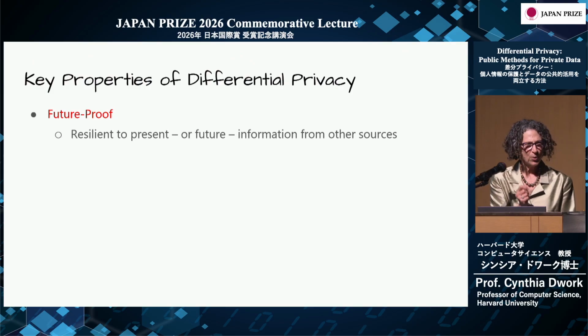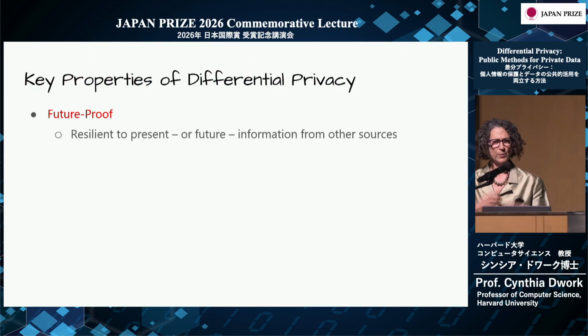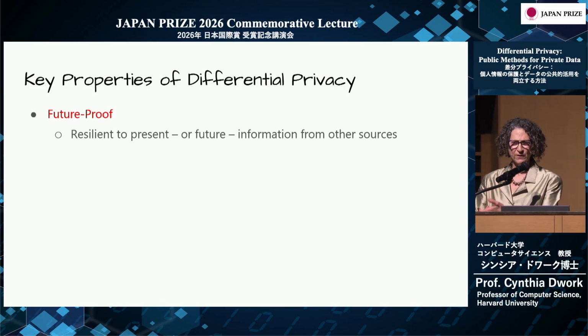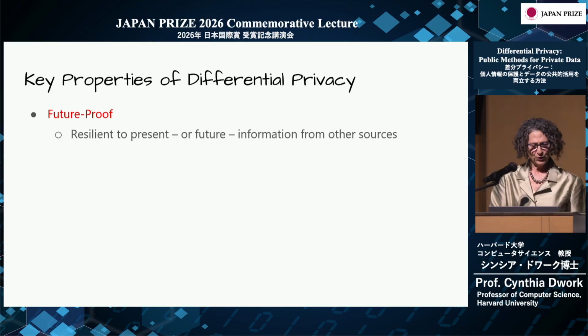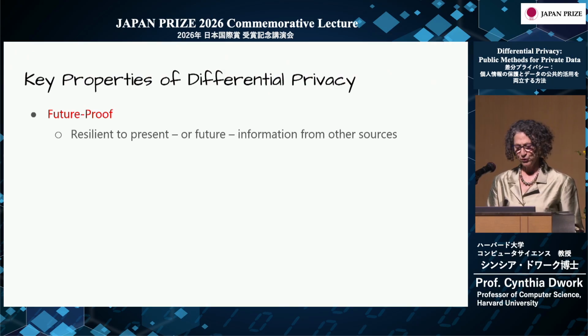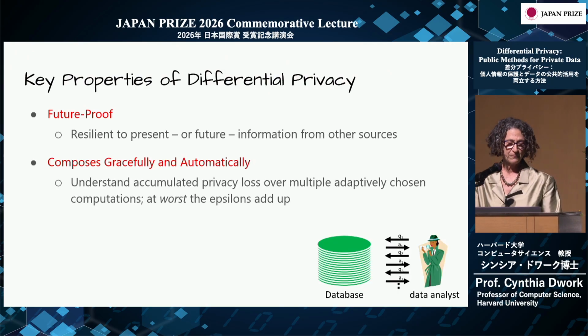Just as with that coin, you don't know which one was flipped, no matter what other things you learn about coins and the metal that they're composed of and things like that. So it's resilient to present or future information from other sources.